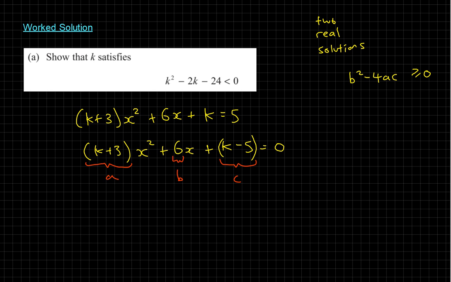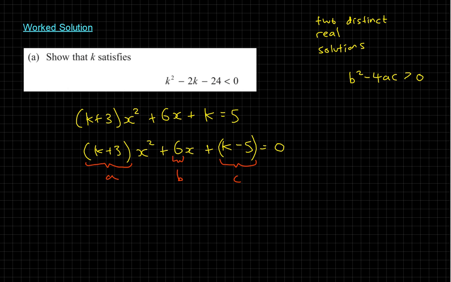B squared minus 4ac is greater than or equal to 0. However, they need to be distinct. So they can't be the same value. You know, because sometimes in a quadratic you have duplicated roots. And being distinct, that therefore means we only want greater than 0. We don't want to include the equal sign.